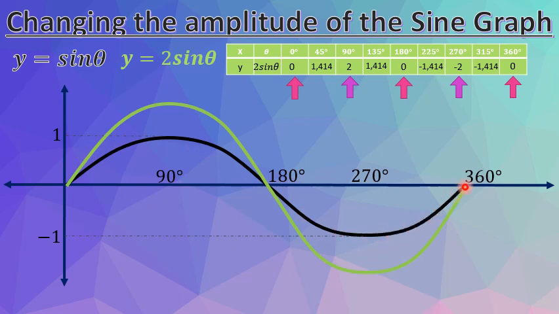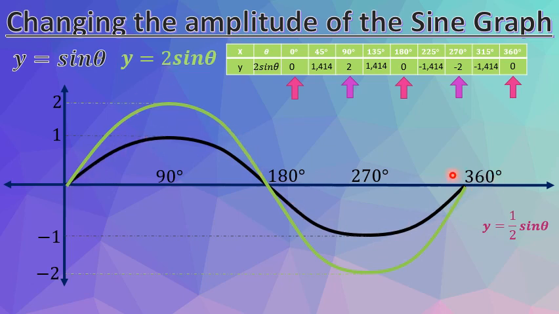And now, instead of fluctuating between +1 and -1, yes, you guessed it, the green sine graph fluctuates between +2 and -2. So what conclusion can we make about this value of 2 in front of the sine theta? It stretches this graph vertically. All it did was double every single y value, and so it doubled the what? The amplitude of the original sine graph.